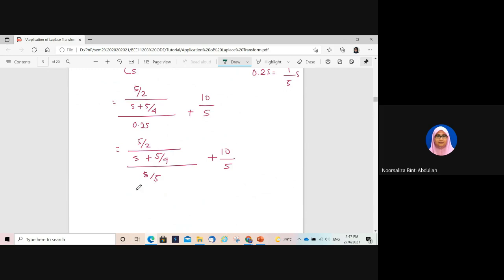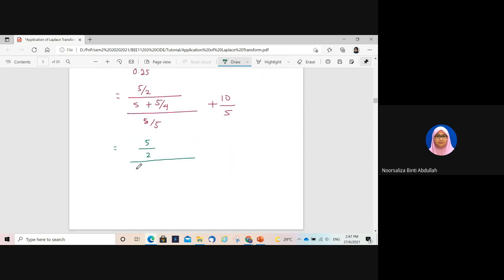Okay. So, kita simplify this one. Awak simplify because kat sini dia dah ada berlayer-layer. Okay. So, 5 over 2 divide by S plus 5 over 4 times with 5 over S. Betul.